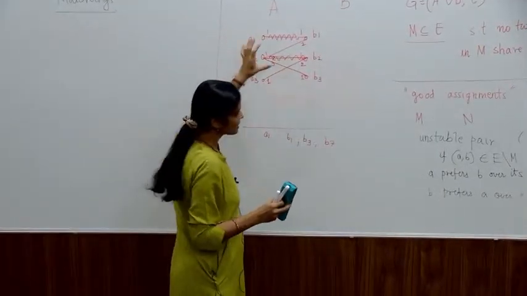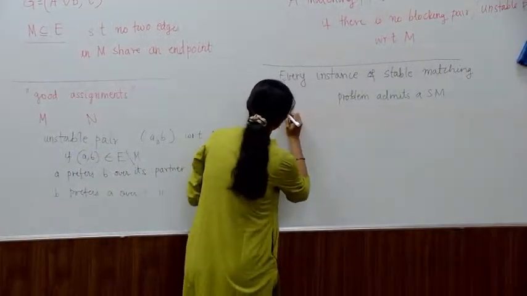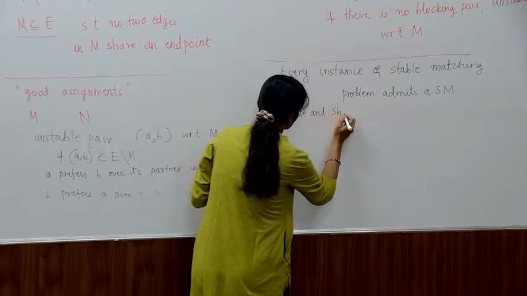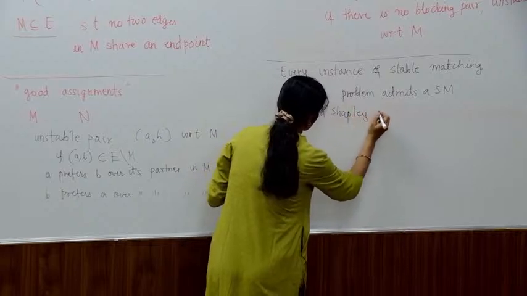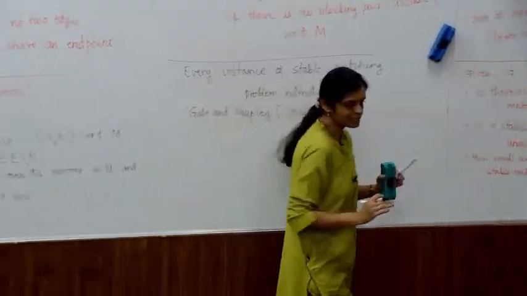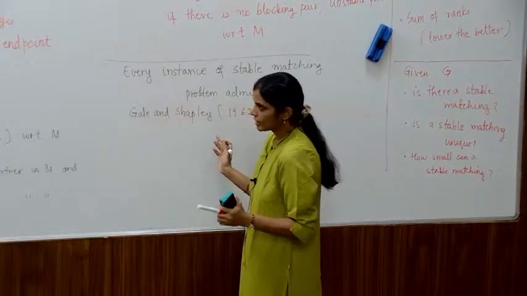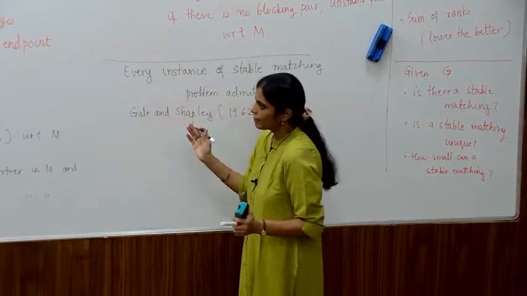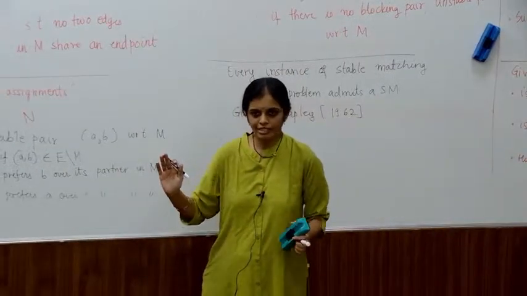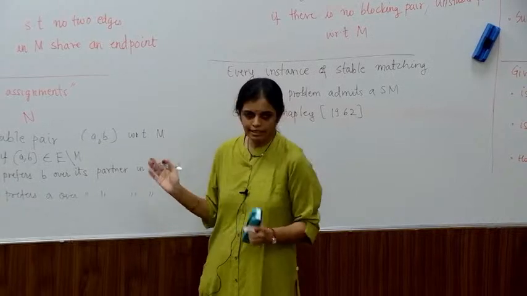This algorithm is attributed to Gale and Shapley, and it's a fairly old algorithm, 1962, but its underpinnings are still in use in very important applications. It is called a proposal-disposal or application-rejection algorithm, where the vertices in the A side propose in some order and the B's accept or reject.